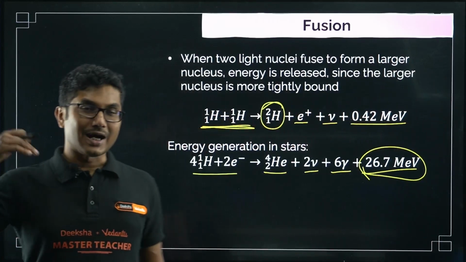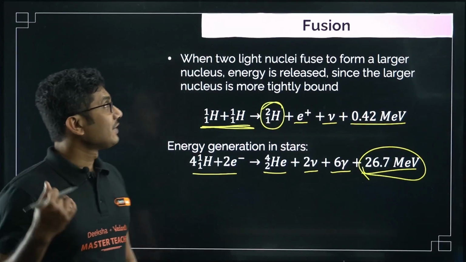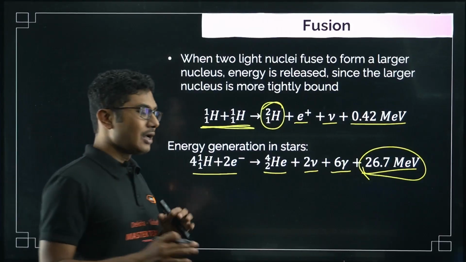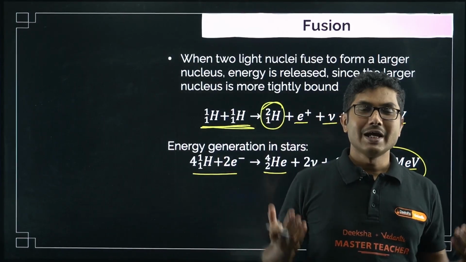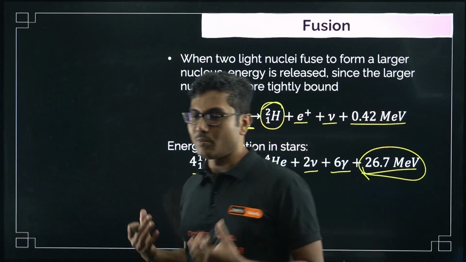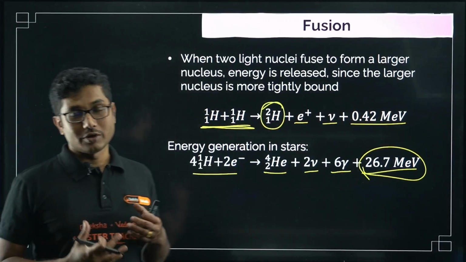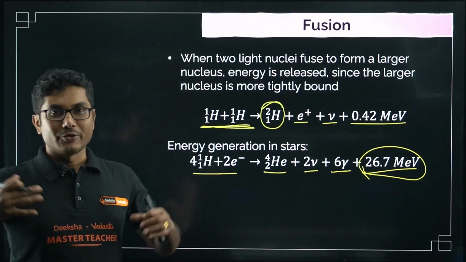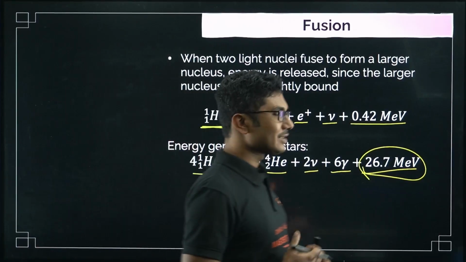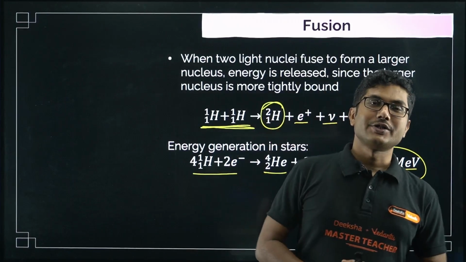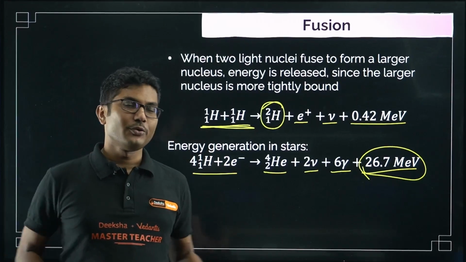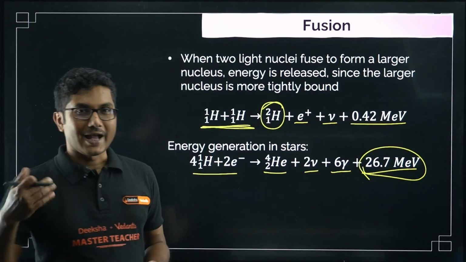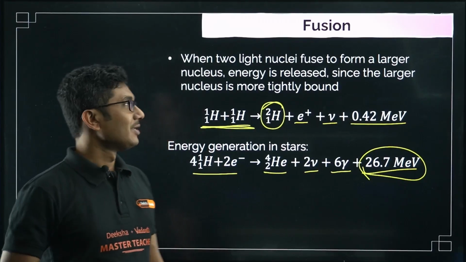So in the stars also you can say fusion is somewhat uncontrollable, but the enormous mass and enormous gravity basically control how much should be fused inside the stars. Stars are a very complicated system, and if you want to study them in future, you have to study more astrophysics and become an astronomer.